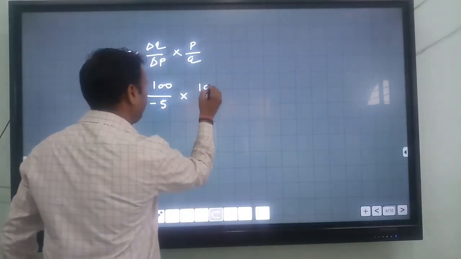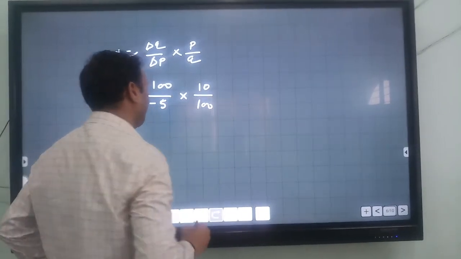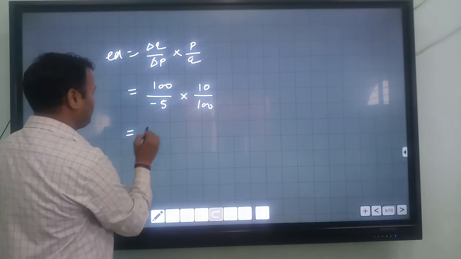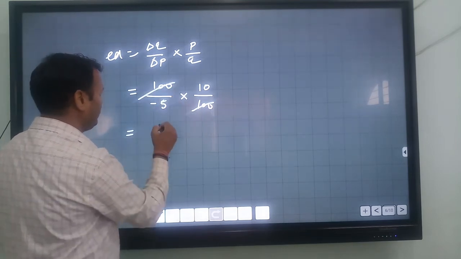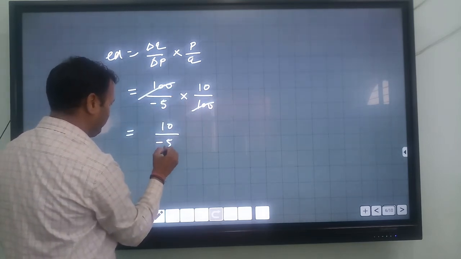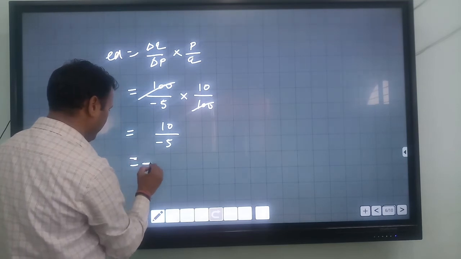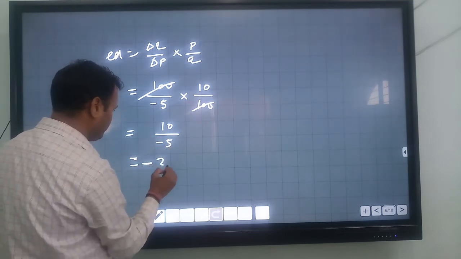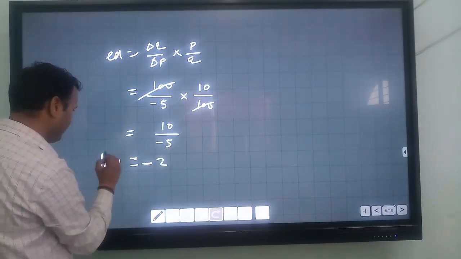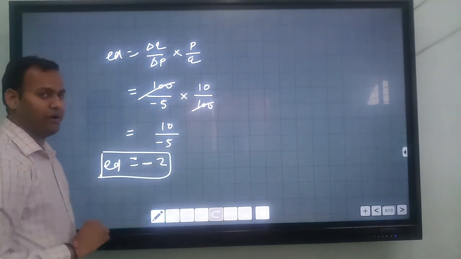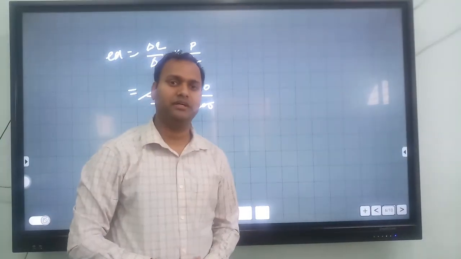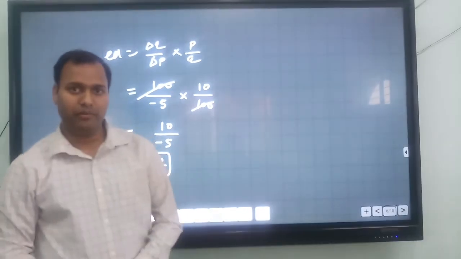Now 100 cancels, and we get 10 upon minus 5, that is minus 2. So the value of E_d is minus 2. By using the formula we can easily calculate the elasticity of demand.